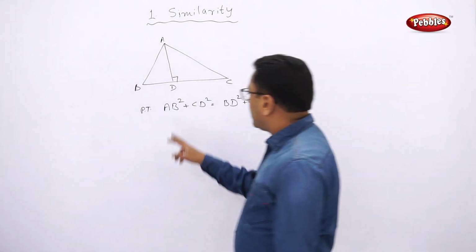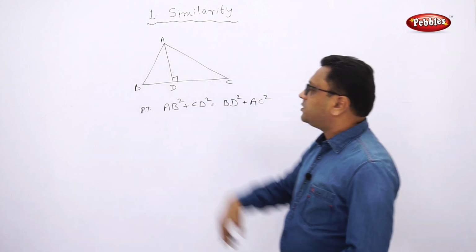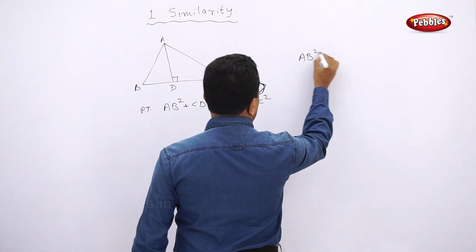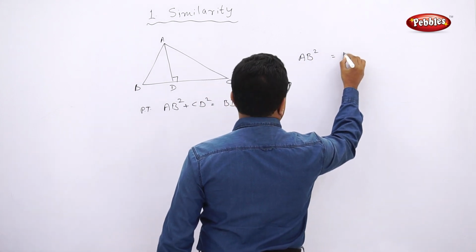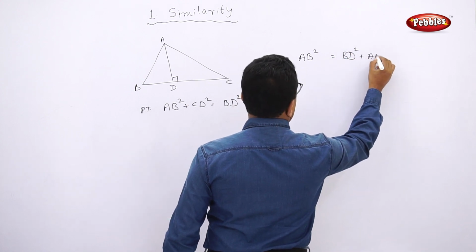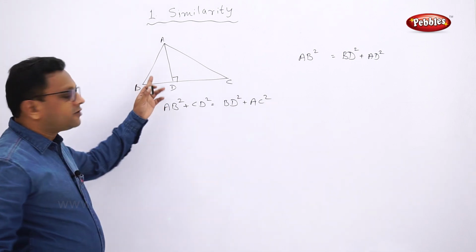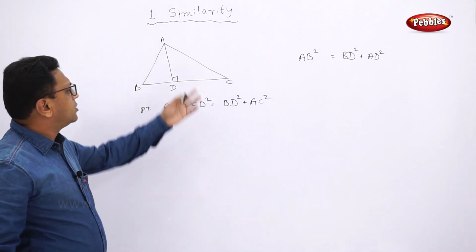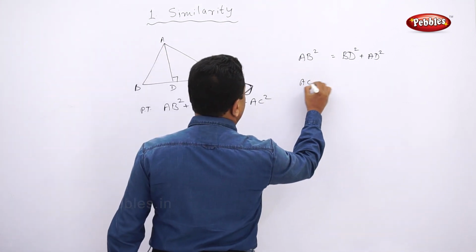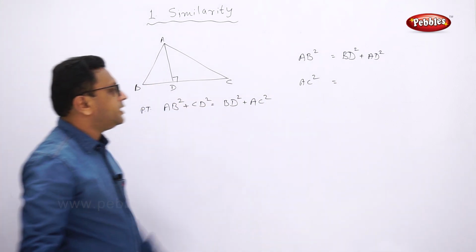Okay, and here I can see AB square. So AB square is equal to BD square plus AD square. And if I take this other triangle, I also know that this is also a right angle triangle. I can say that AC square again is equal to AD square plus DC square.